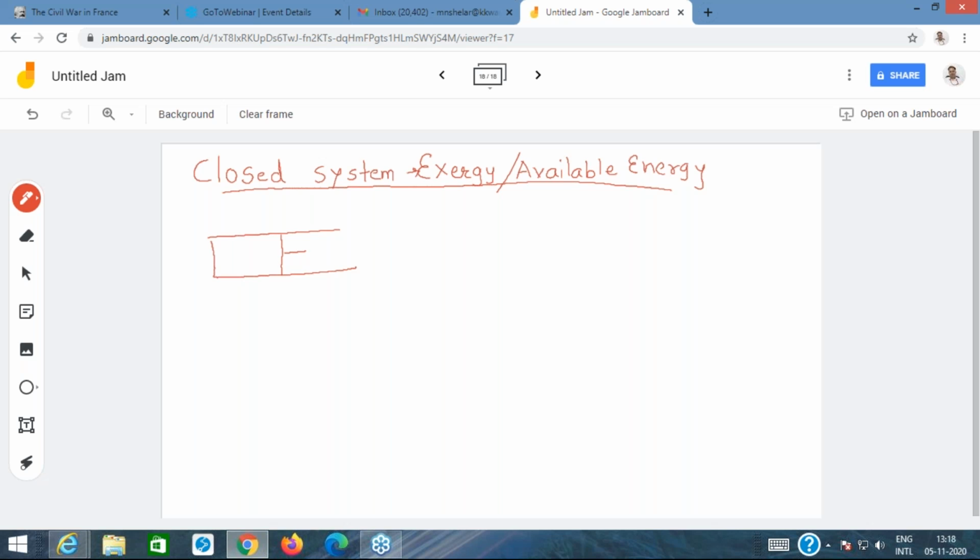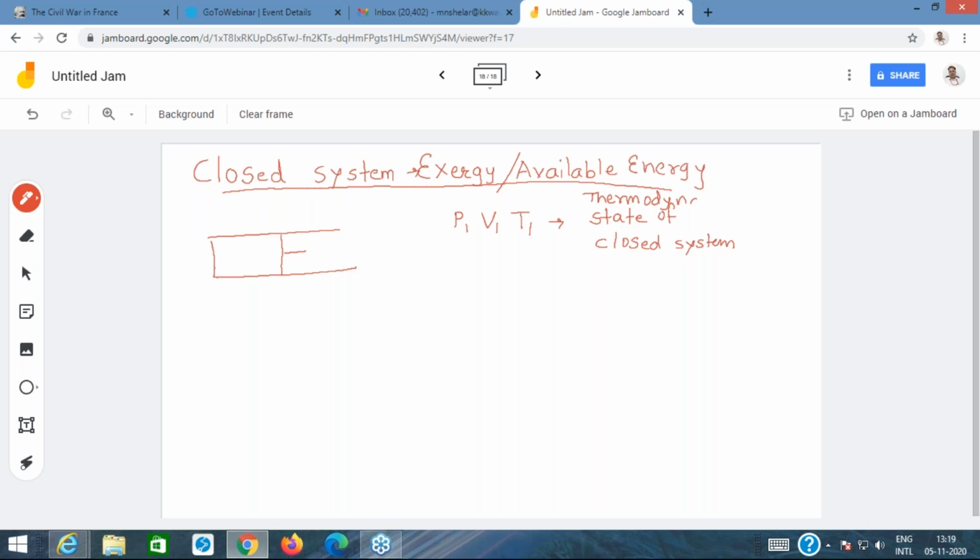Let us say that the state is: pressure is P1, the volume is V1, and the temperature is T1. So this is the thermodynamic state of the closed system. You are aware of what the thermodynamic state is.